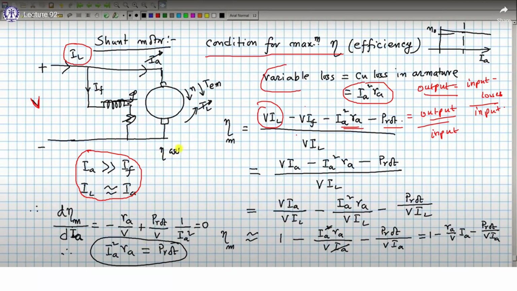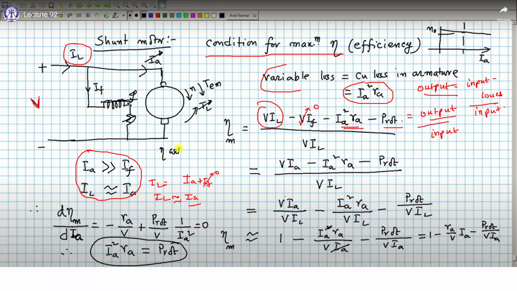So that is why VIF is neglected, and IL is approximately the same as IA, because IL is IA plus IF, but IF is very small compared to IA, so IL is almost equal to IA. So this becomes VIA minus IA square RA minus rotational losses divided by VIL.